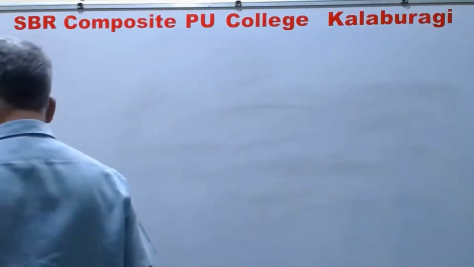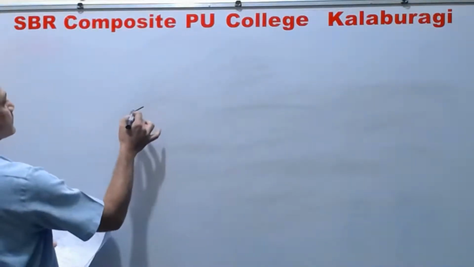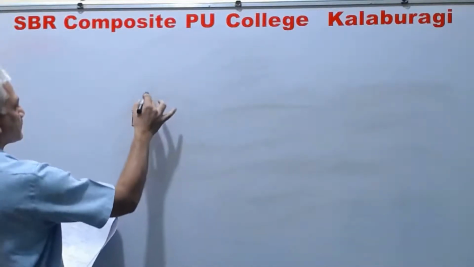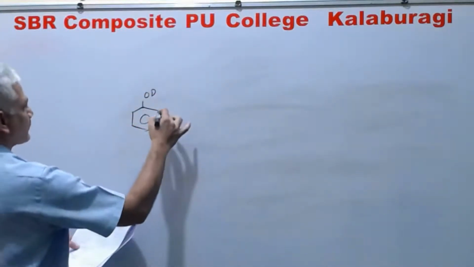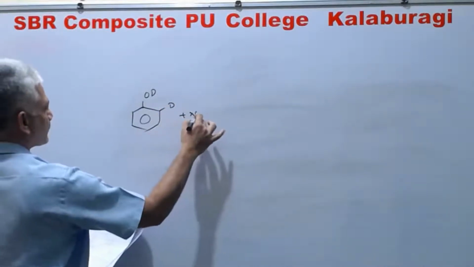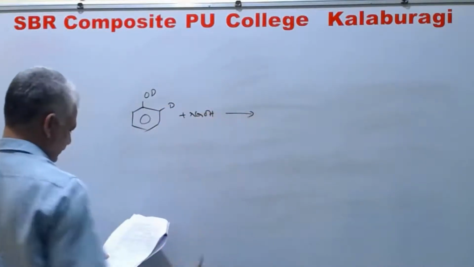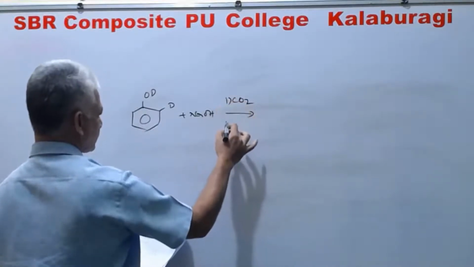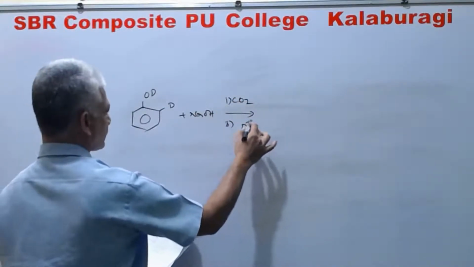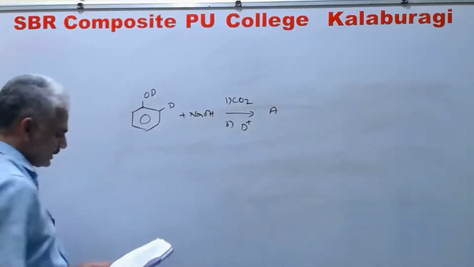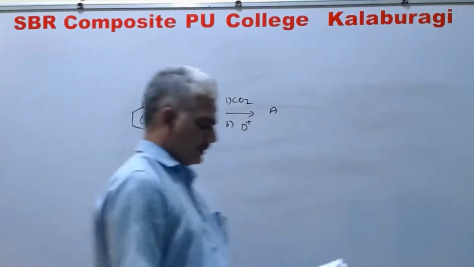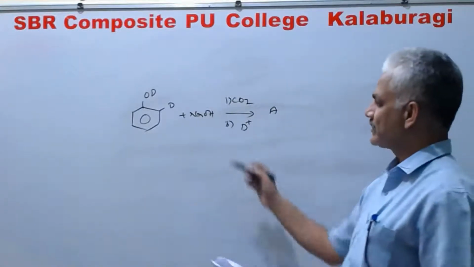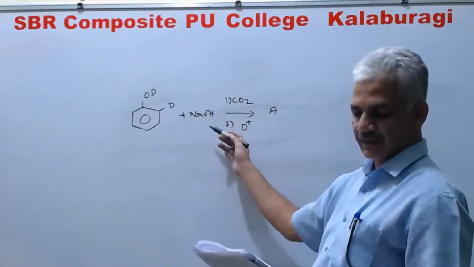Next, 22nd. What is A? First with sodium hydroxide, an intermediate is formed.